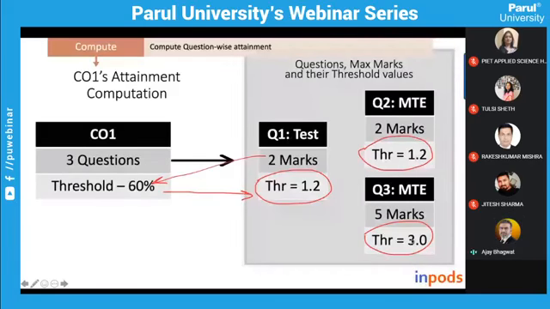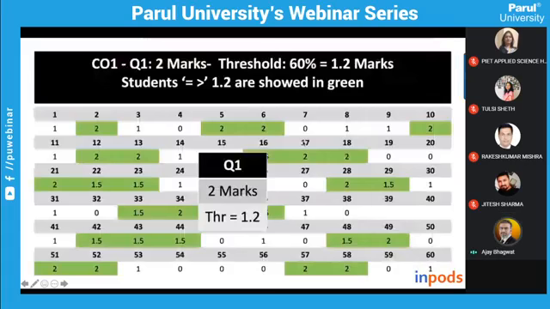So this is how the absolute threshold value will have to be computed by looking at the threshold percentage for every course outcome. So course outcome has threshold, and then based on the maximum marks of the questions, the marks at which the student's performance has to be evaluated will change.